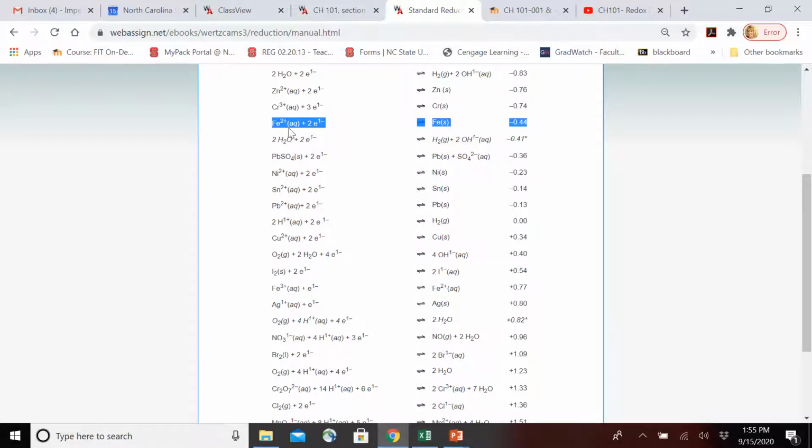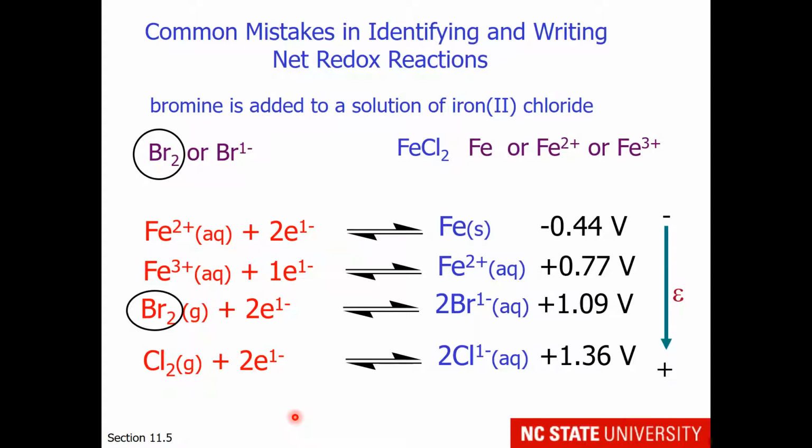Here is the iron reaction you're familiar with between iron 2+ and iron at -0.44 volts. Here is another redox reaction involving Fe2+ and Fe3+ at +0.77 volts. So when we circle Fe2+, remember that it can be both an oxidizing agent and a reducing agent.